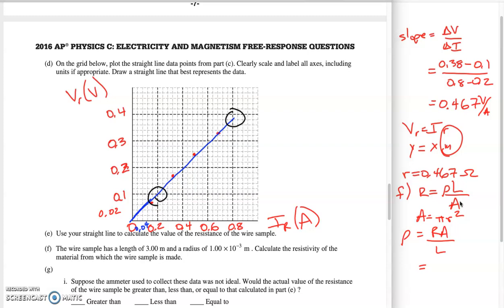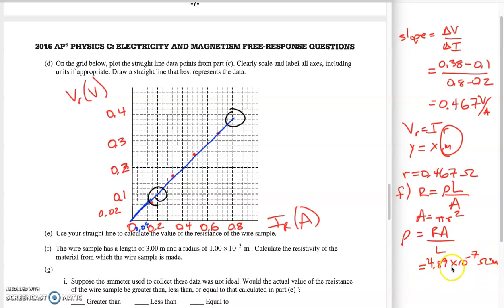And I got 4.89 times 10 to the minus 7th, and that's going to be measured. If you take a look at the units here, R is in ohms, and area is going to be meters squared divided by meters gets us times meters.